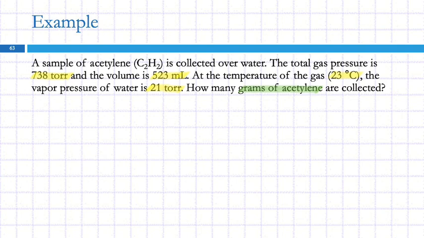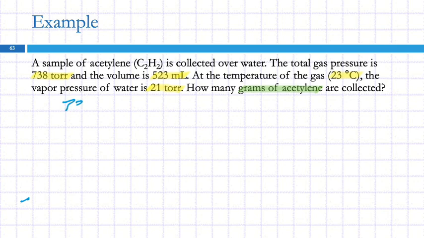We don't have a gas equation that gives us grams, do we? But we do have an equation that gives us moles. And we know how to convert from moles to grams. So the first thing we're going to do is calculate the moles of acetylene in this, whatever it is, collection vessel. So I'm going to write these numbers down.